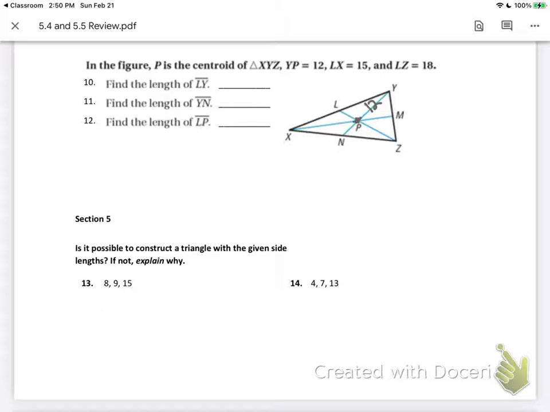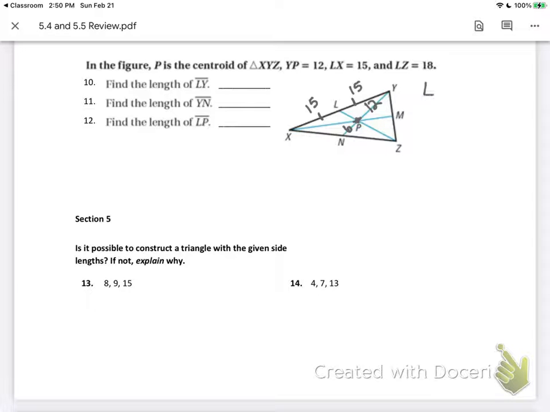If YP is 12, then I know the smaller piece is going to be half of that, so that's 6. Then they tell us that LX, that's on the outside, so that means these guys are equal, is 15, so therefore I know this guy is 15. And then they tell me LZ is 18.